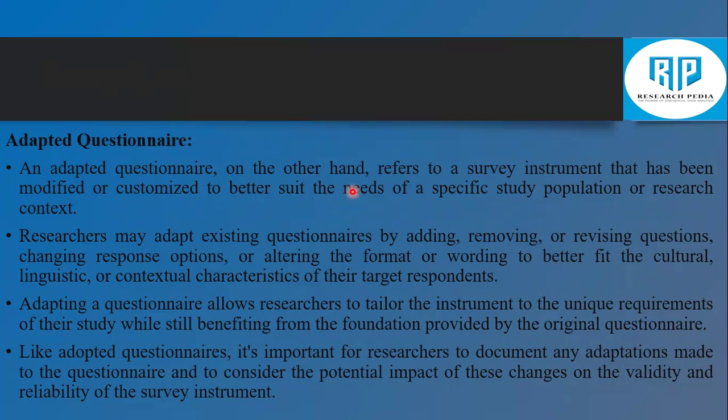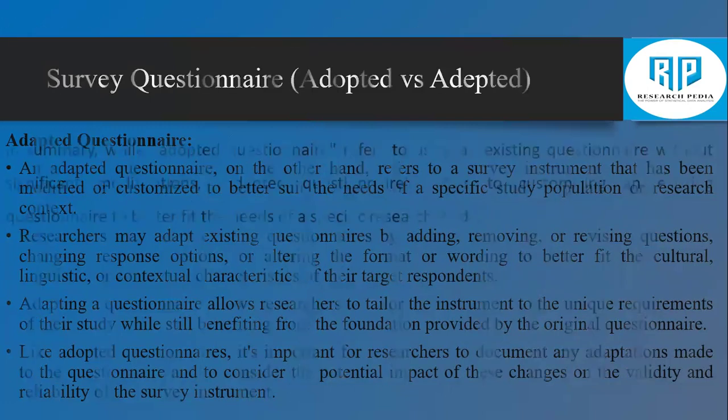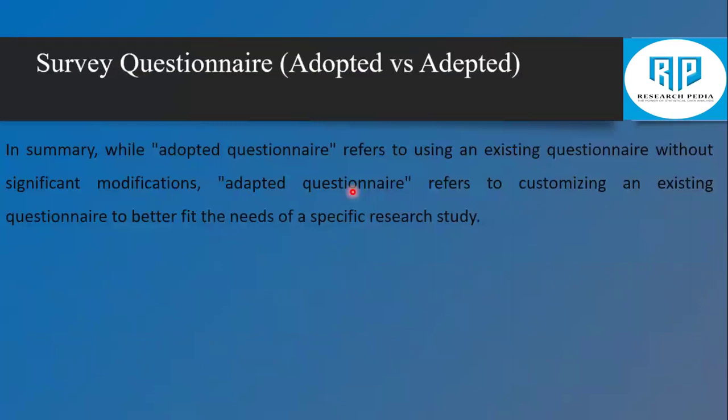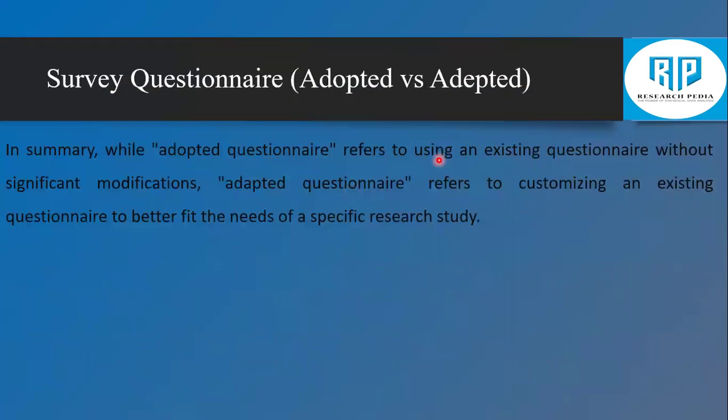Both of these categories, adopted questionnaire or adapted questionnaire, are used in quantitative survey. That is our part for doing SPSS analysis. In summary, adopted questionnaire refers to an existing questionnaire without significant modification, while adapted questionnaire refers to customizing an existing questionnaire to better fit the needs of a specific research study.